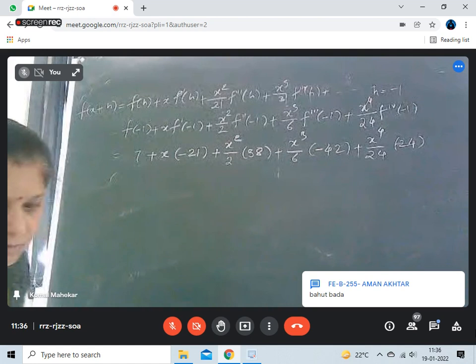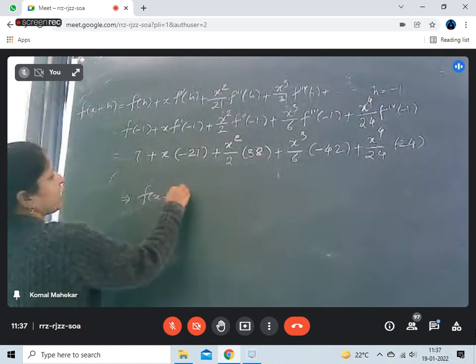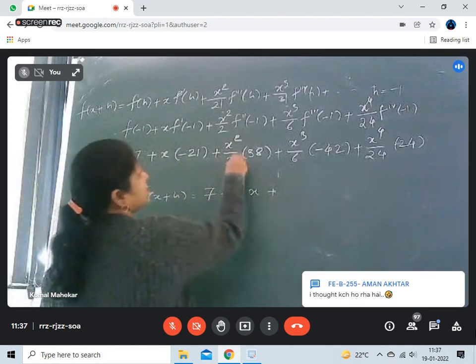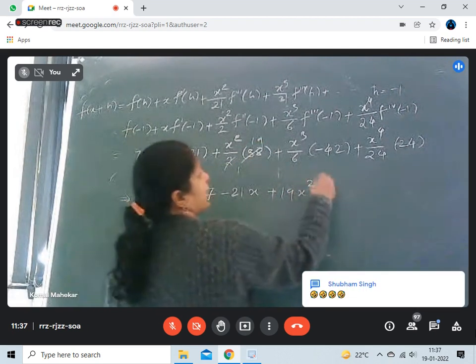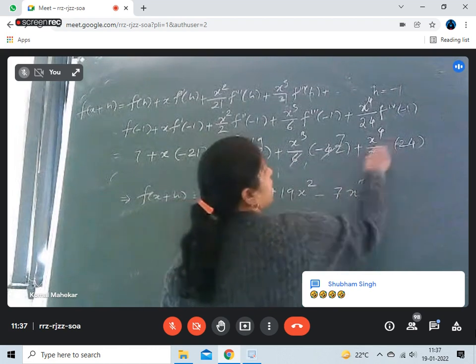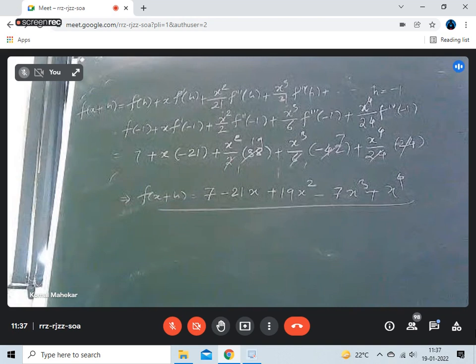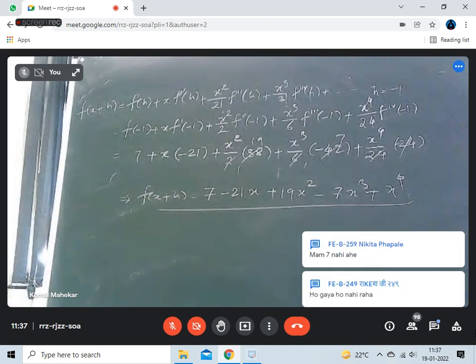So f of x plus h has expansion 7 minus 21x plus 19x square minus 7x raised to 3 plus x raised to 4. So this is the required expansion of the function in ascending powers of x.